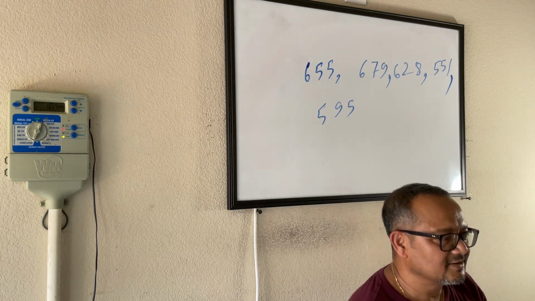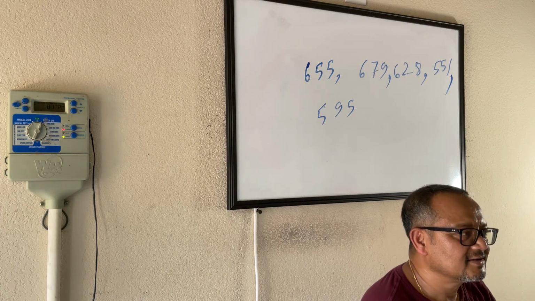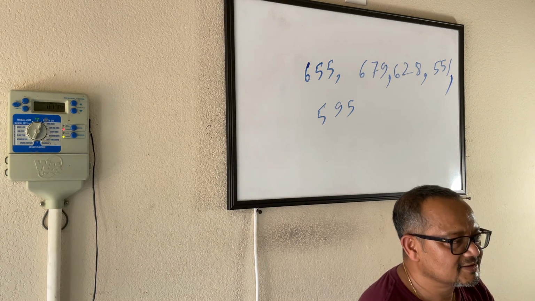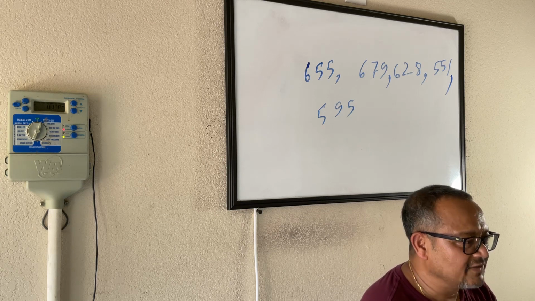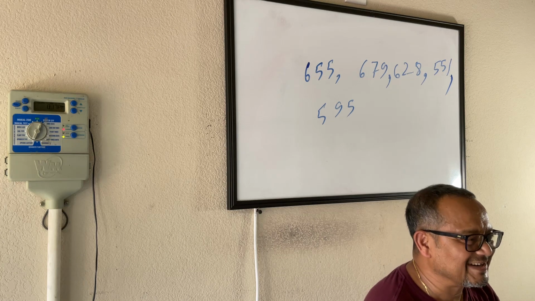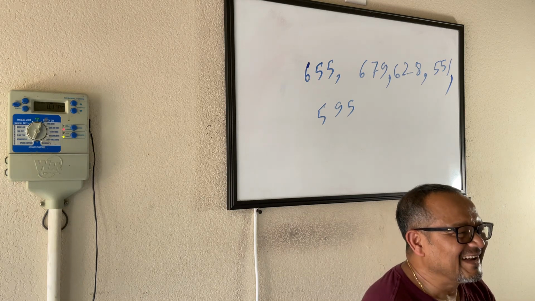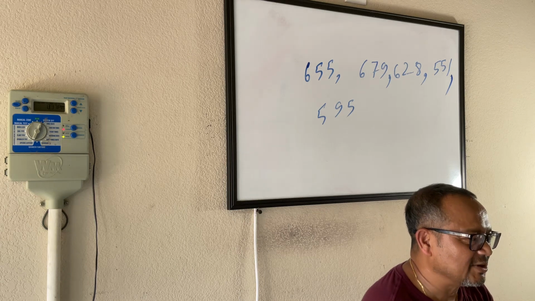Then the fourth one will be 655. And then the fifth one will be 679. Okay. So Sanvi has a matching water bottle and a t-shirt. Okay. All right. Let's go to Sohita. Sohita, what is your color? Tell me.